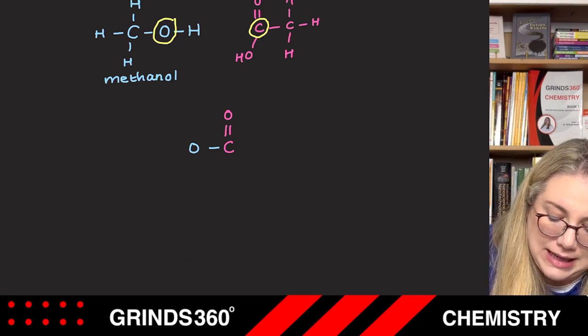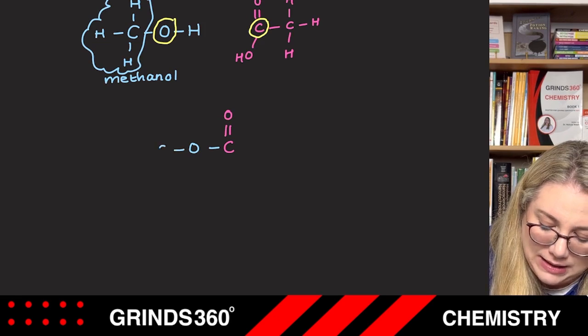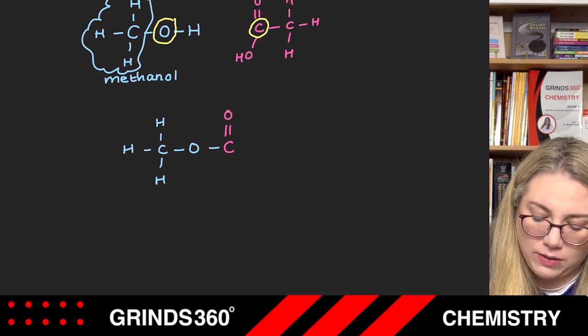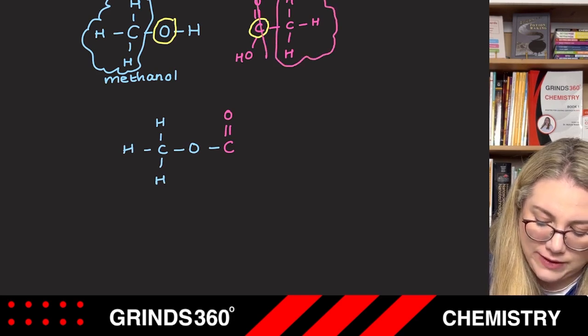That oxygen in the alcohol is also attached to this bit here. So I need to fill in that CH3. Then for the carboxylic acid part, we've already filled in the carbonyl group, but it still has this bit here that we haven't filled in yet.